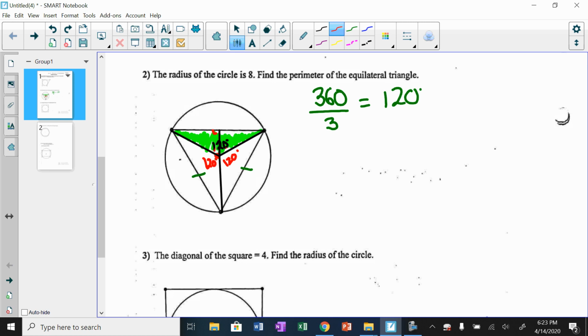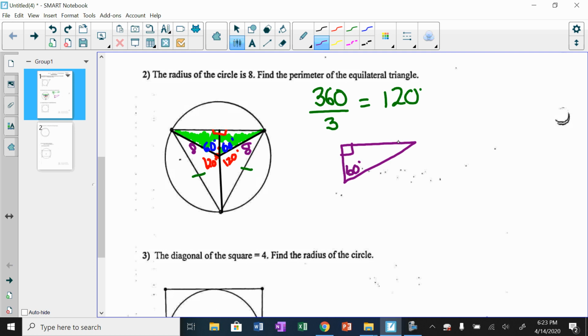So we're going to have 2 right angles here, which means that these triangles are actually congruent. So that 120 is going to get split into 2 60s. And now I'm going to fill back in that the radii were 8, right? So I'm taking one of these triangles.